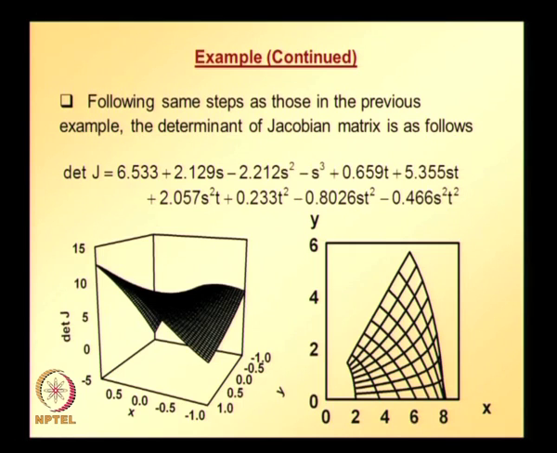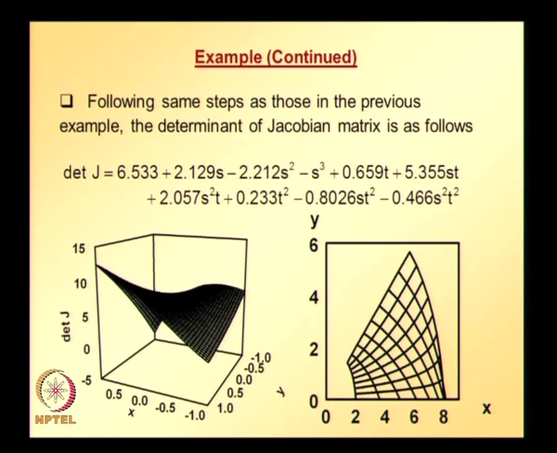A fold can be observed. So, that shows that the mapping is not good. The plot of the element produced from mapping clearly shows that there is some problem with mapping.